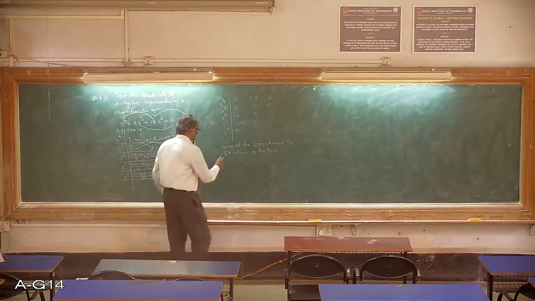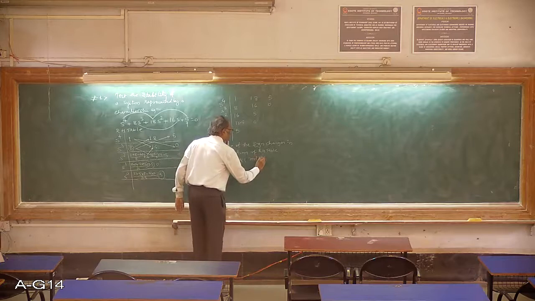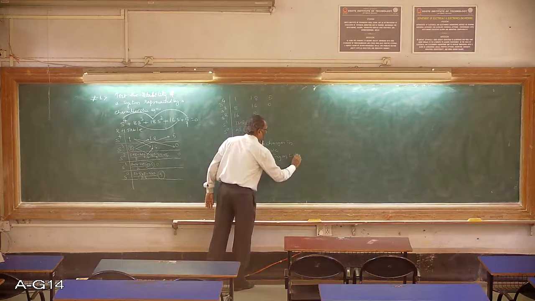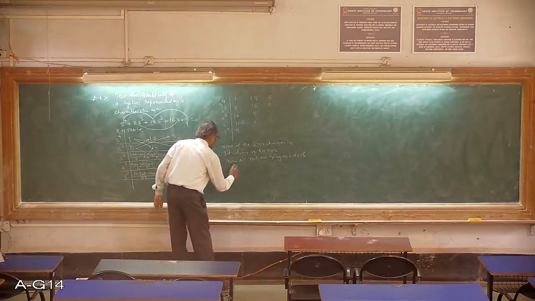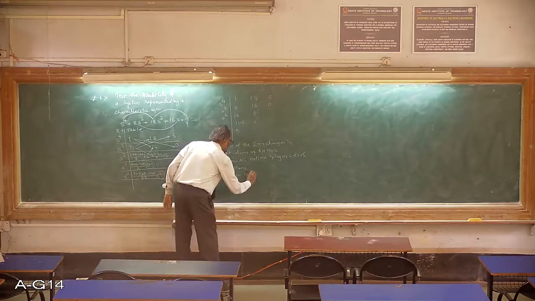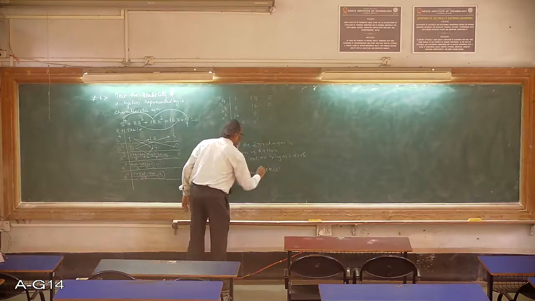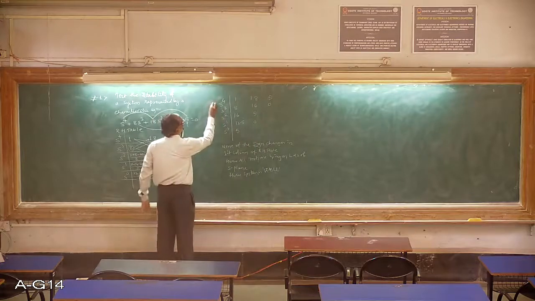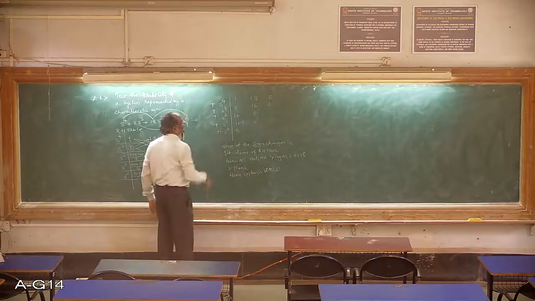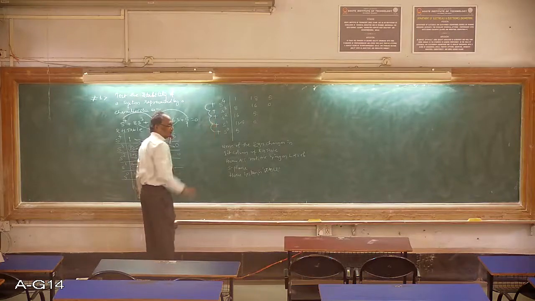No sign changes, hence all roots are lying on the left half of the s plane. Hence the system is stable. Observe the sign changes: 1 is positive, 8 is positive, 16 is positive, 13.5 is positive, 5 is positive. There are no sign changes, no sign change, no sign change, no sign change.